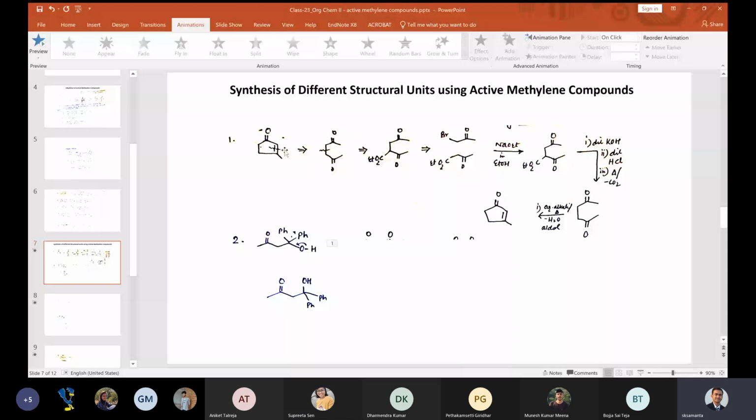So then let's come to the second example. This example we have done before. I want any one of you to answer this question. Who will answer this? How to get it? You know it for sure.